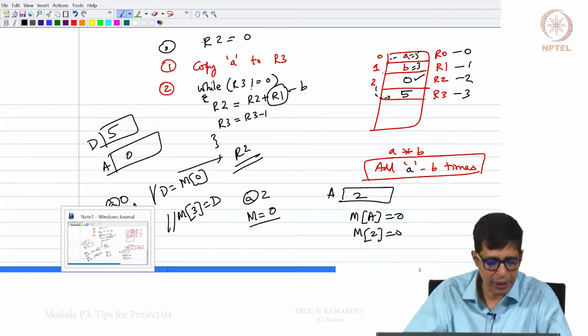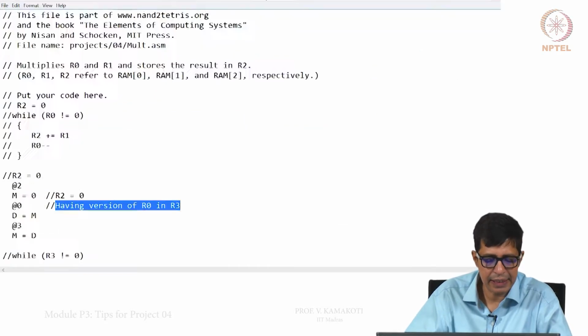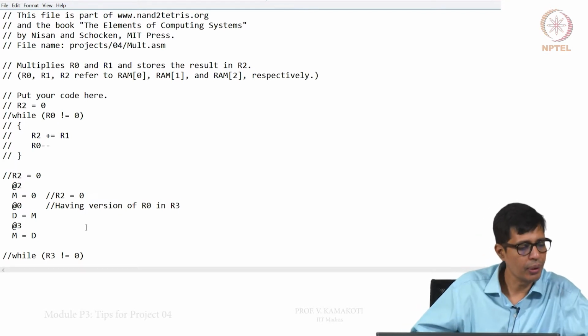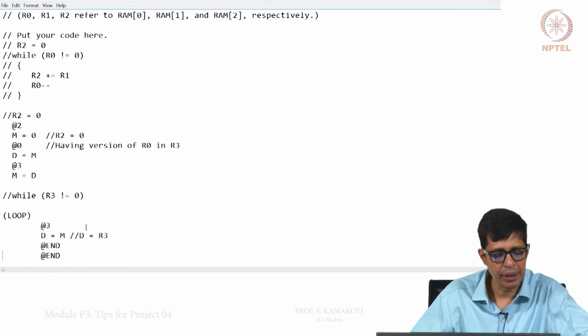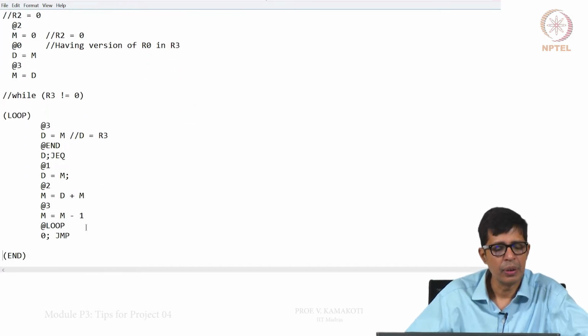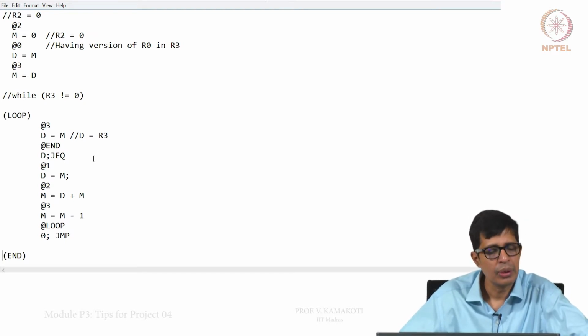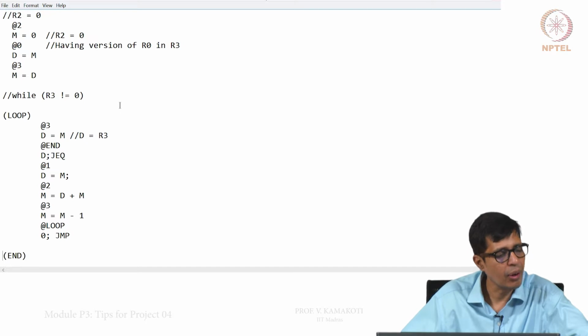The next step that we will do is as follows. So, this is a loop. While R3 is not equal to 0, R2 is equal to R2 plus R1.